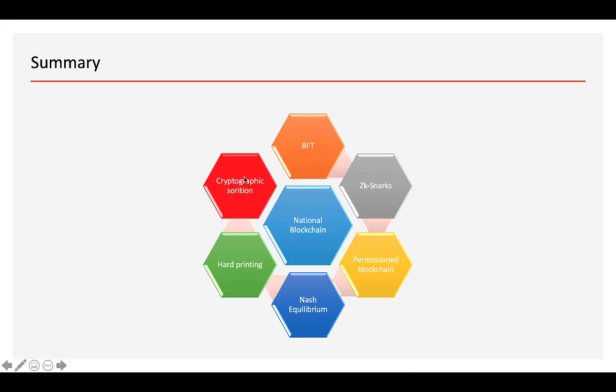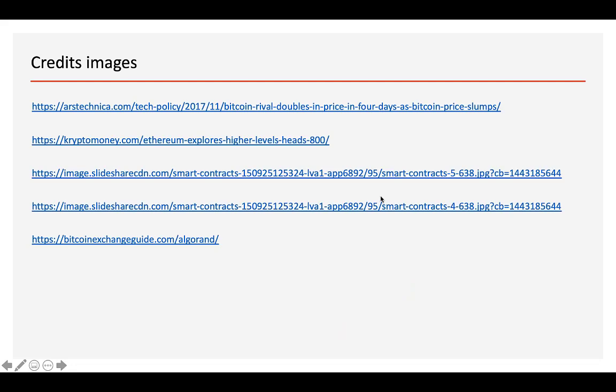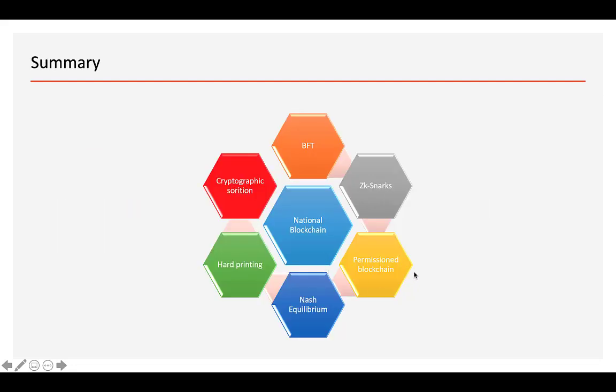We saw extensive use of it in the case of Algorand, along with Byzantine fault tolerance, or BFT. zk-SNARKs is the technology of zero knowledge proofs behind the full anonymity of transactions in Zcash, which we didn't cover. We talked about permissioned blockchains, and obviously unpermissioned blockchains, etc.